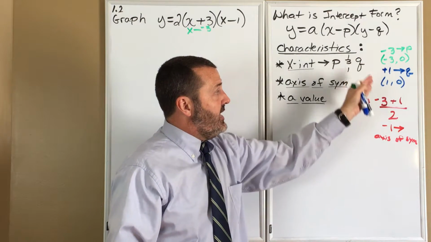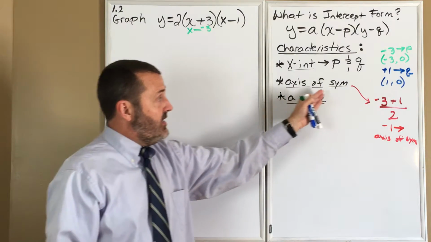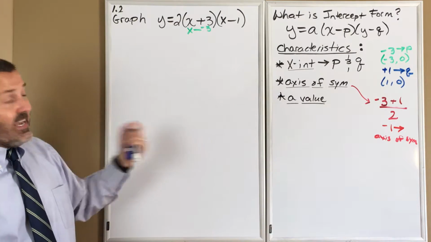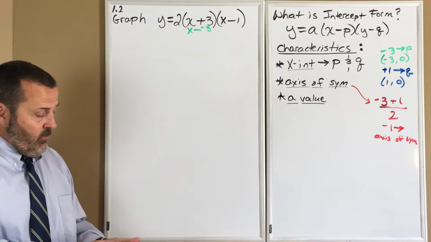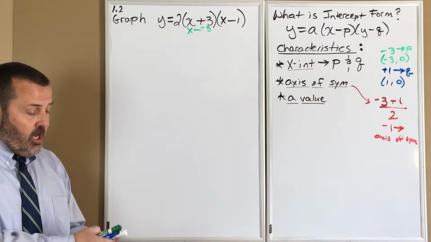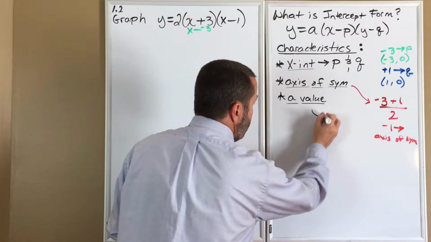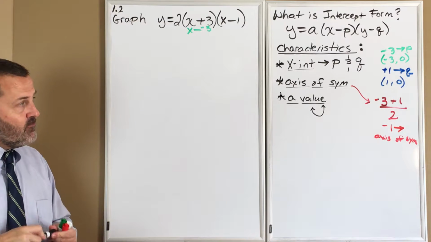We've identified our p and our q, which are our x-intercepts. We've also identified the axis of symmetry. The last thing is, as I've already kind of jumped the gun, we can look at our a value, 2, and we know that this is going to be an upward pointing parabola. All right?